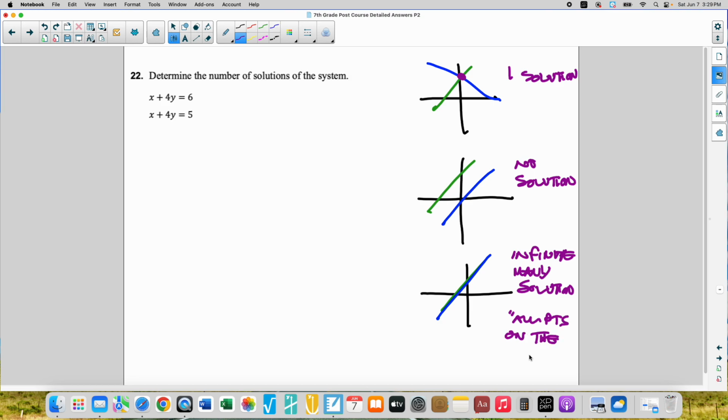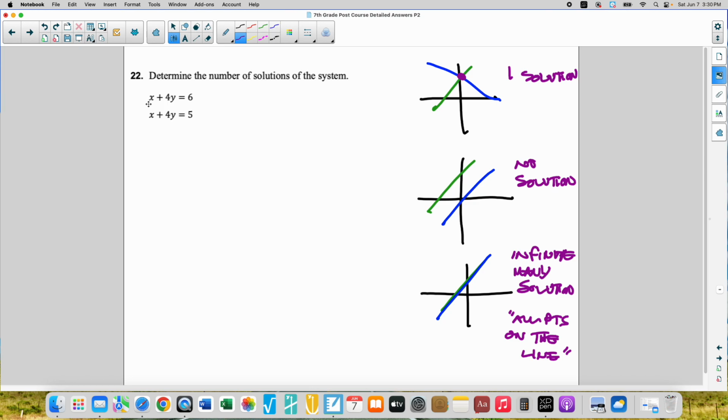That's where they intersect. Notice that when they intersect in one solution, it's a location. We give that coordinate. So when we have infinitely many solutions, I like all points on the line because infinitely many solutions doesn't tell you where. All points on the line tells you where.